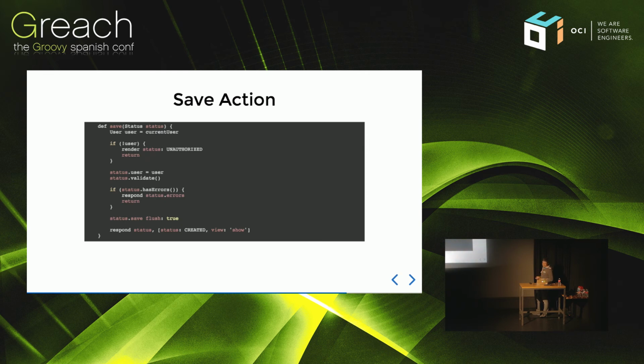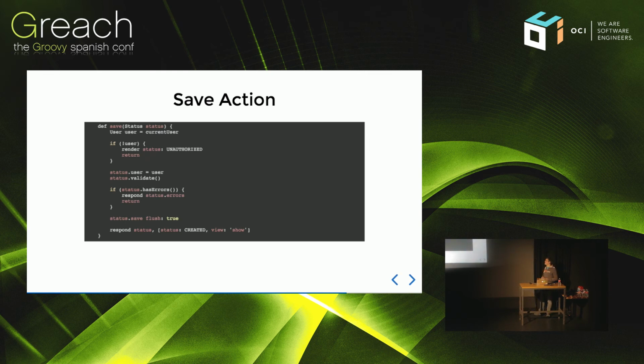If the user is not logged in, just render unauthorized. Otherwise, just assign the user, validate. If it's not valid, respond with the errors. Otherwise, save it and render the saved file. This is pretty easy. It looks pretty easy.